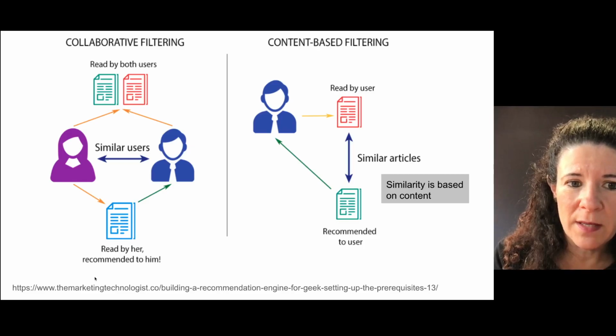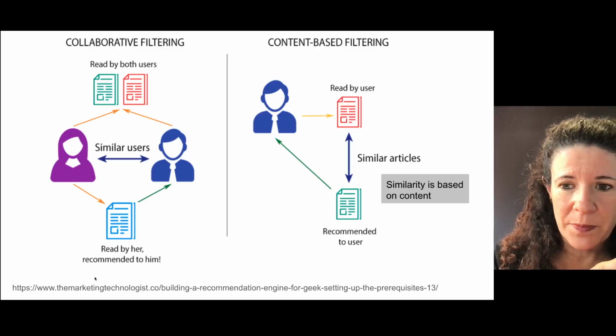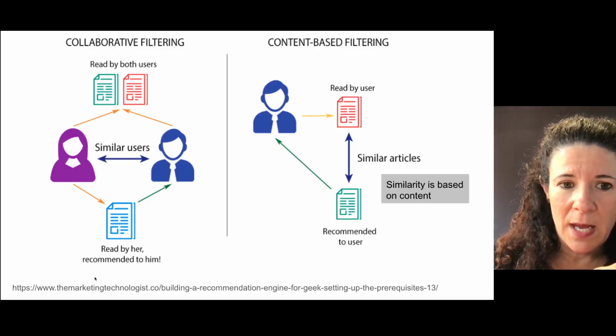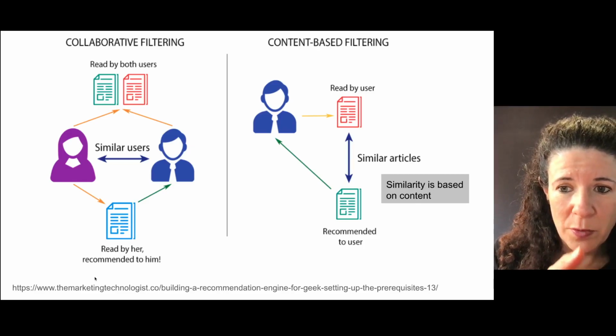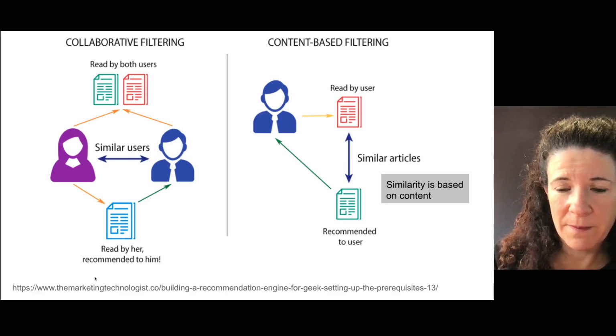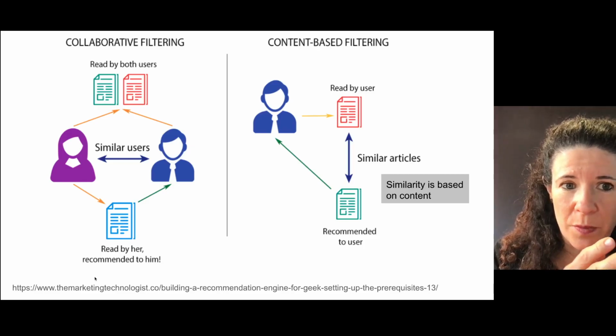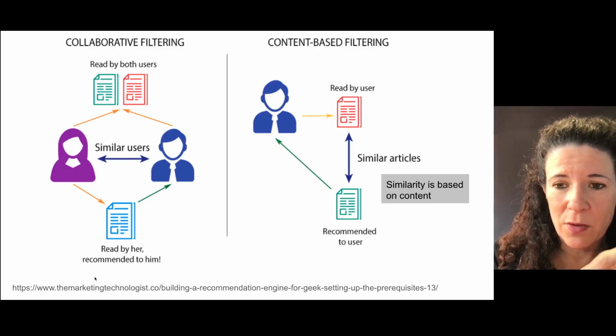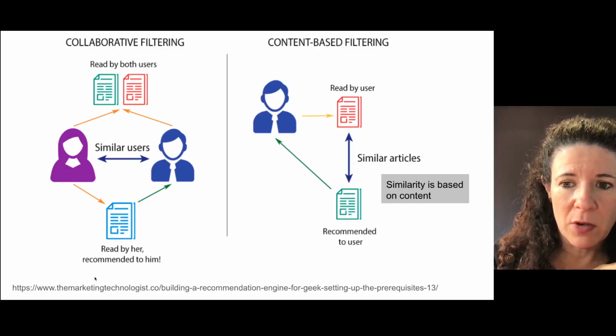We can find the most similar user, which is the person in purple, and we can make recommendations to the blue person based on things that the purple person liked. So we are using the behavior of these two users, which is the books they read or movies they watched, to compute the similarity and then make recommendations.